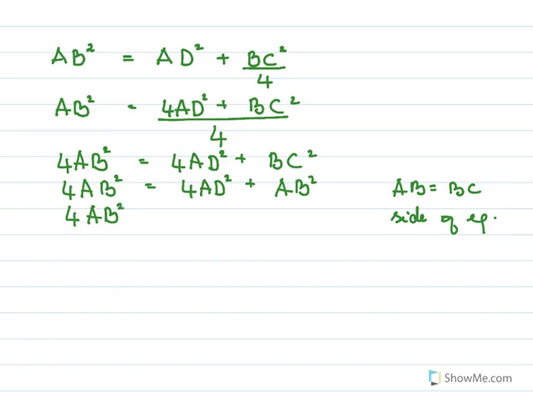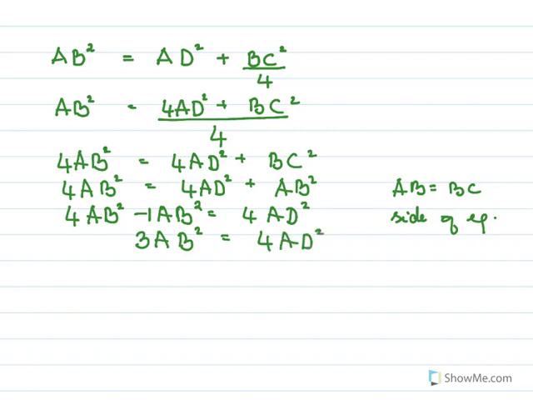So I have 4AB square equal to 4AD square, and here I put the AB square. So in this step, I will do minus AB square. 4AB square minus AB square is 3AB square equal to 4AD square.